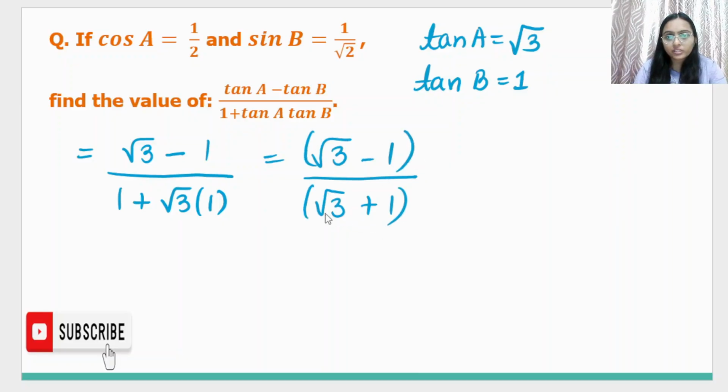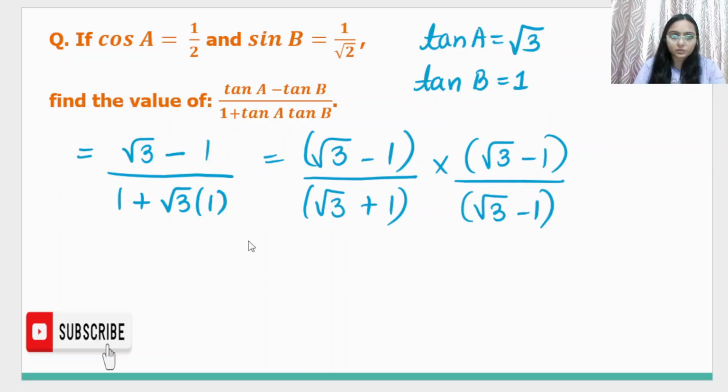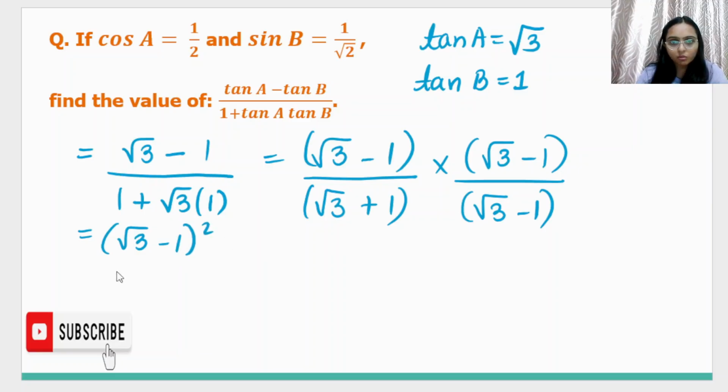In the denominator we have root 3 plus 1. So to rationalize it, we multiply by the rationalizing factor, which is root 3 minus 1. So the numerator is root 3 minus 1 times root 3 minus 1, so it is root 3 minus 1 the whole square. In the denominator, you have root 3 plus 1 times root 3 minus 1.